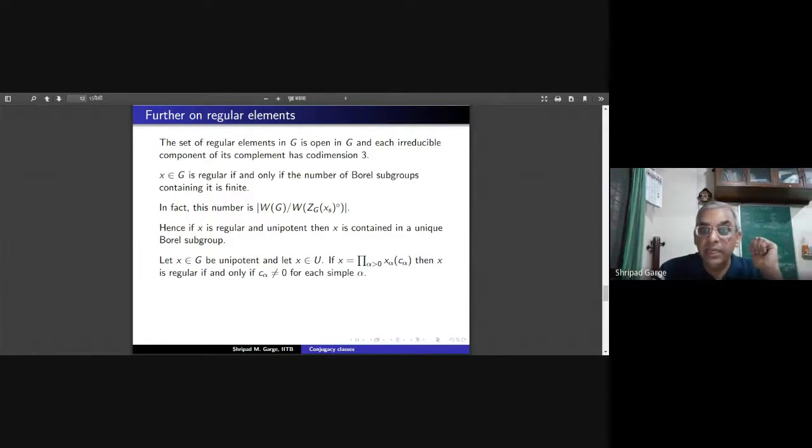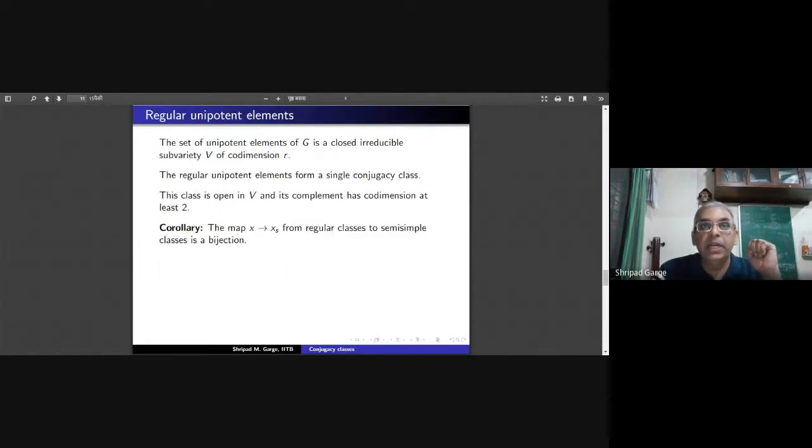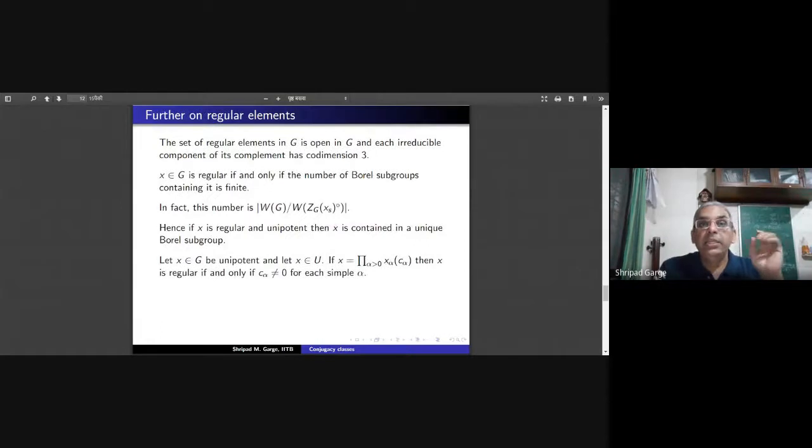So this is a very precise statement. Here we had a statement saying that when you look at only unipotent elements, regular unipotent inside unipotent, the complement has codimension at least 2. But in general, if you look at the regular elements in the whole of G, then the complement has codimension 3.